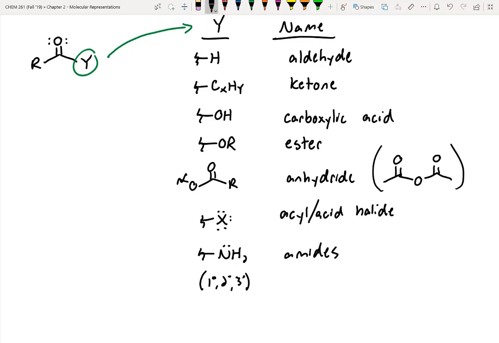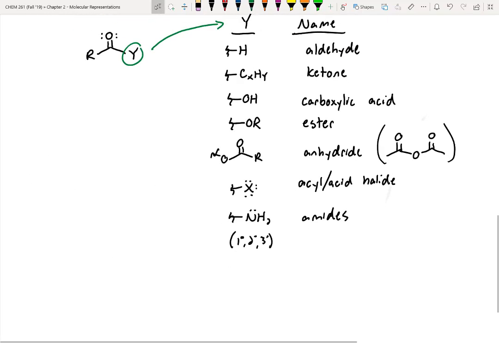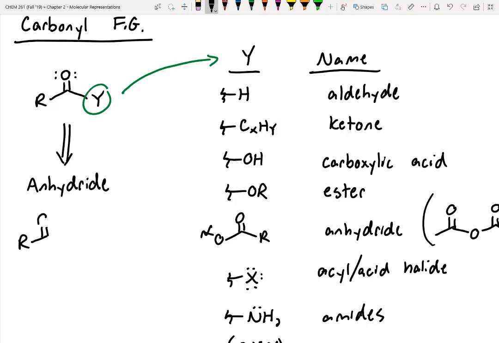Yeah? Could you describe the anhydride again? Yeah, so in an anhydride right here, let's actually, I'll do it over here so we have more room. So we'll space this down here. The black portion we're going to keep as is. So it's going to look like that. But now I'll do the Y portion in green.